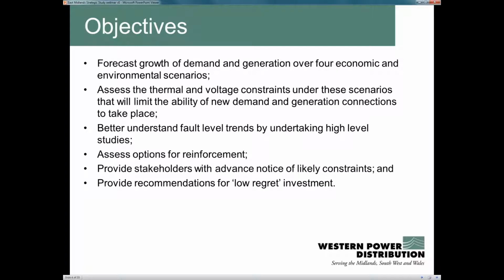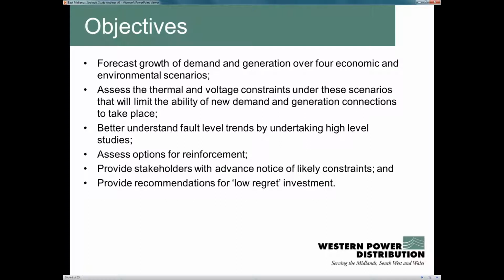So the Shaping Subtransmission work really looks at forecasting the growth of demand and generation across 4 economic and environmental scenarios. To do this, we assess the thermal and voltage constraints of these scenarios, and we assess the ability of the existing network to cope with the new demand and generation connections that we predict to be taking place in our area.